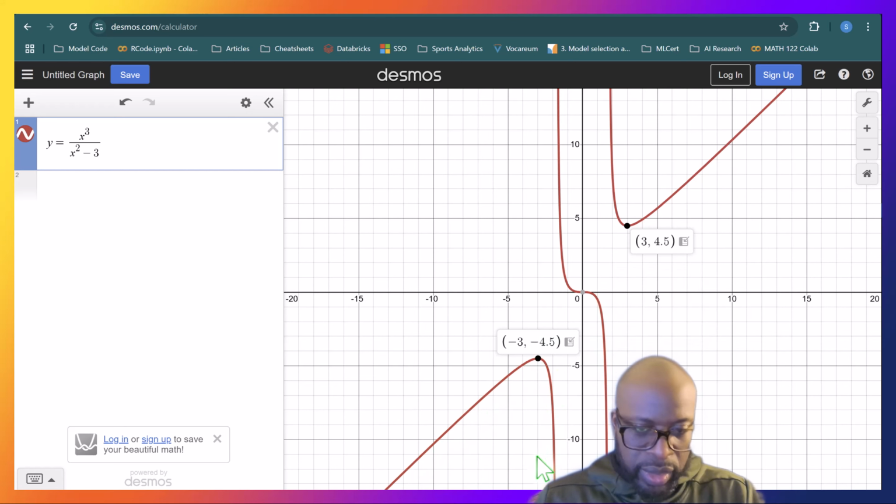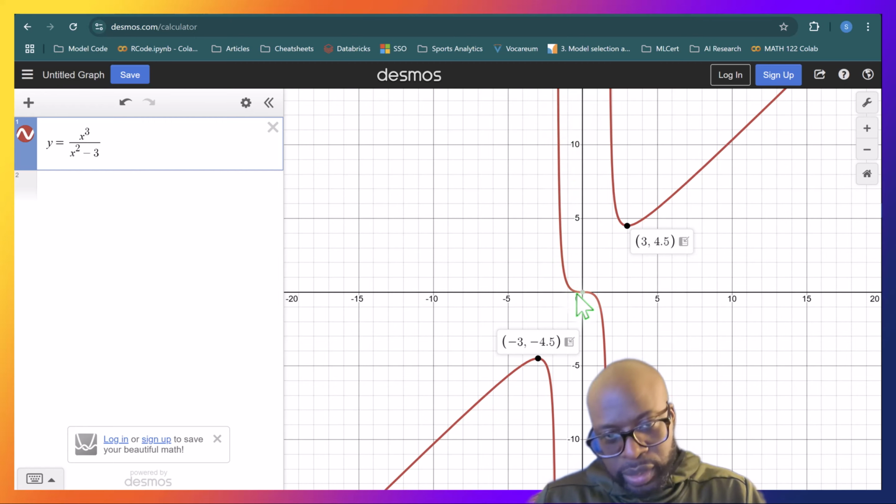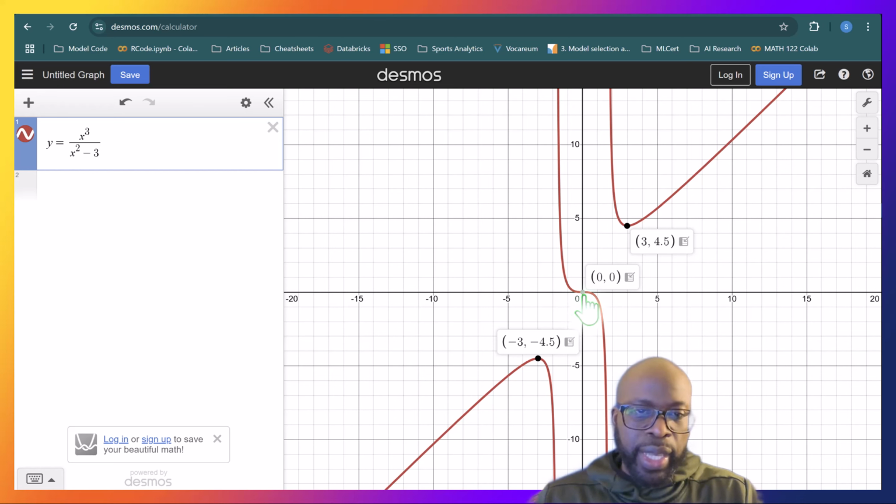Then we're decreasing, all the while concave down. Concavity changes at negative radical 3. But we're still decreasing, right? Decreasing doesn't change. Okay, now we're concave up, now we're concave down. Decreasing, okay? Decreasing, and then concave up.